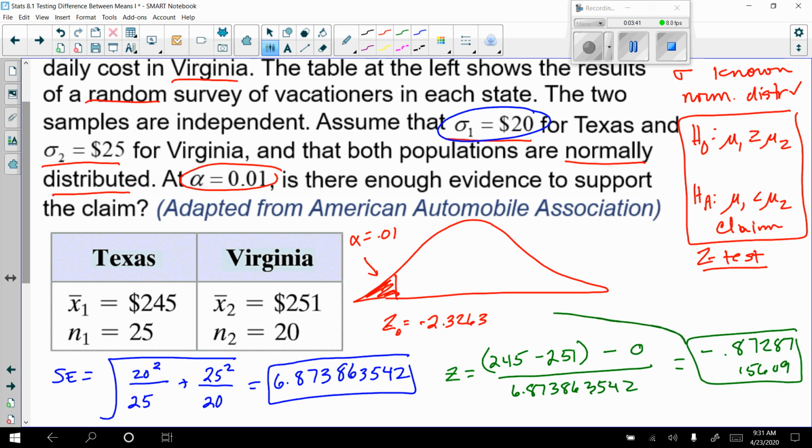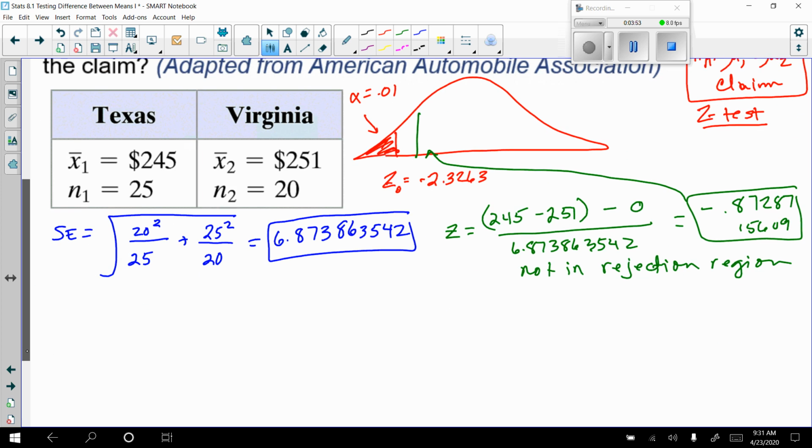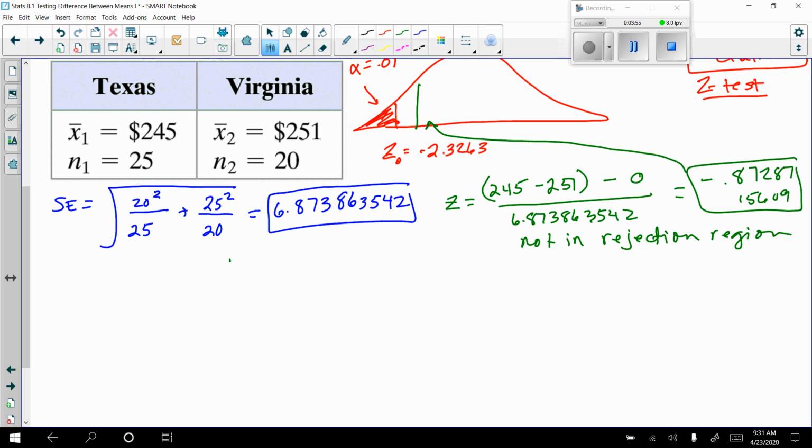And that z-score is not in the rejection region. Therefore, we fail to reject the null hypothesis.